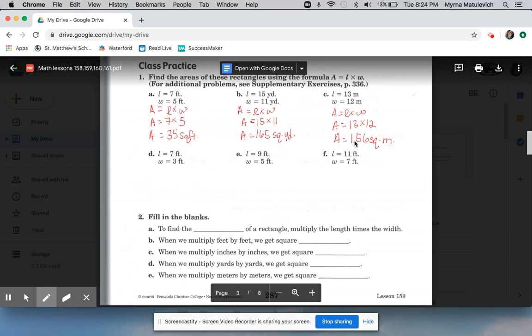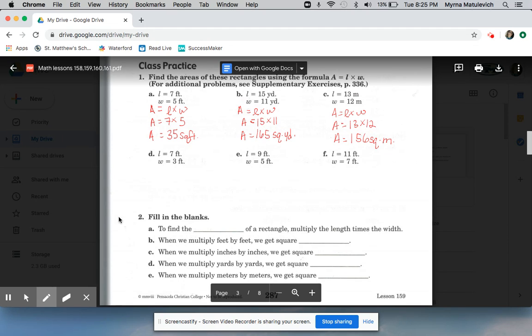And then after I multiplied and got my product, I had to put square meters or square yards or square feet, because even though I didn't write 7 feet times 5 feet, that's essentially what I did. And feet times feet is feet squared, so it's square feet. The same here. This is yards times yards. This is meters times meters.